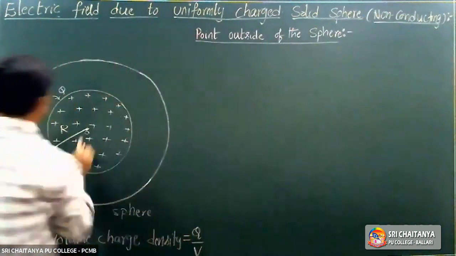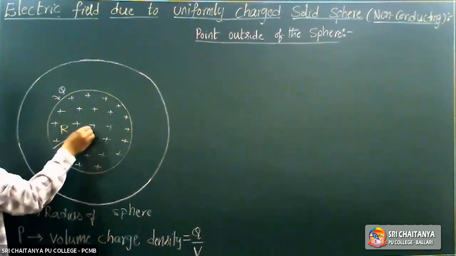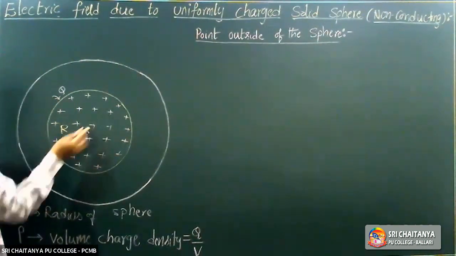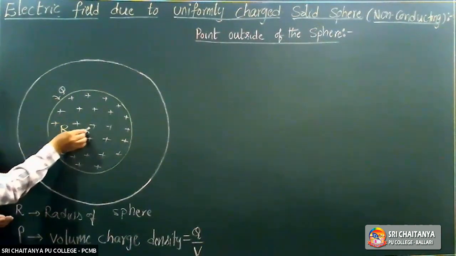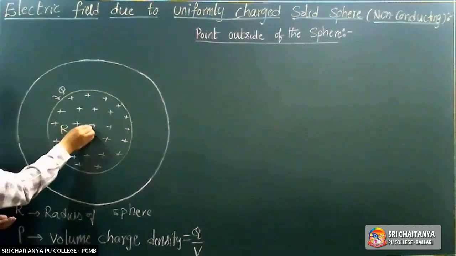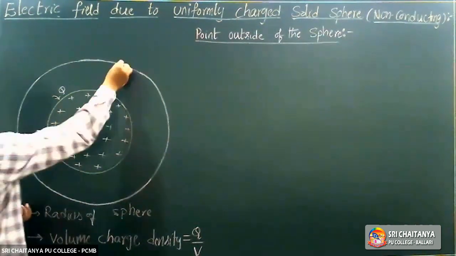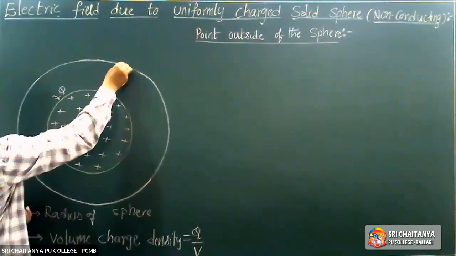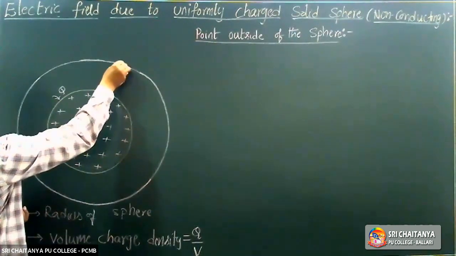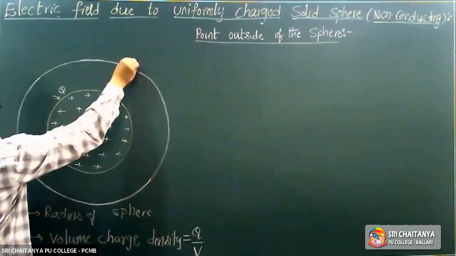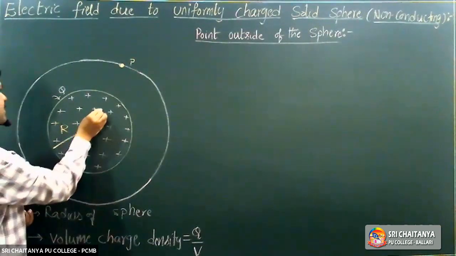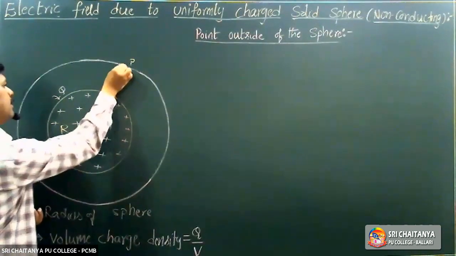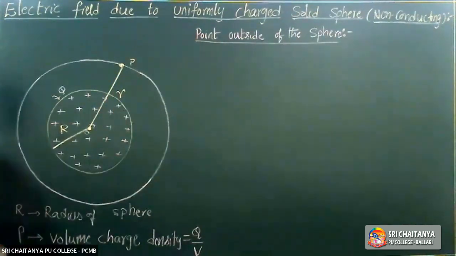See here, the radius of the sphere is R. This is the center. I am taking a point P here, at a distance r from the center of the sphere.